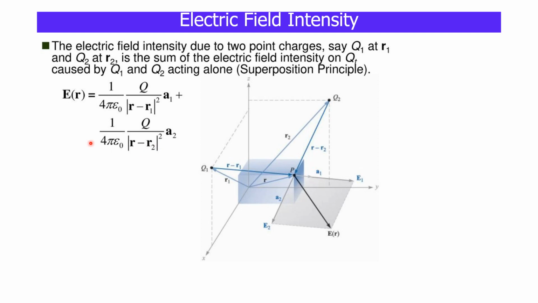The meaning is that the total electric field intensity is the summation of the two electric field intensities resulting from Q1 and Q2. That principle is called the superposition principle.